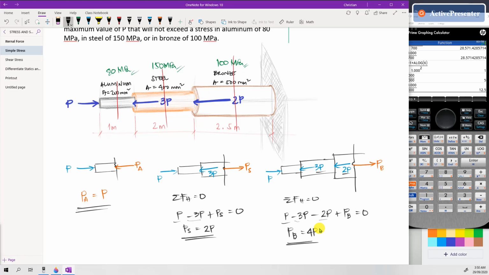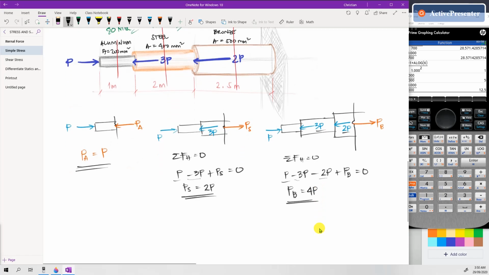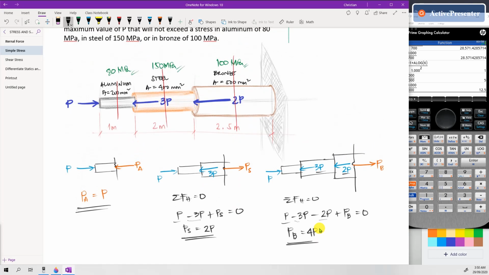So, given the stresses, so ang hinahanap natin ngayon is yung value ng P. So, again, stress is equal to force over area. So, solving for force, then that is yung ating stress times the area. Okay?